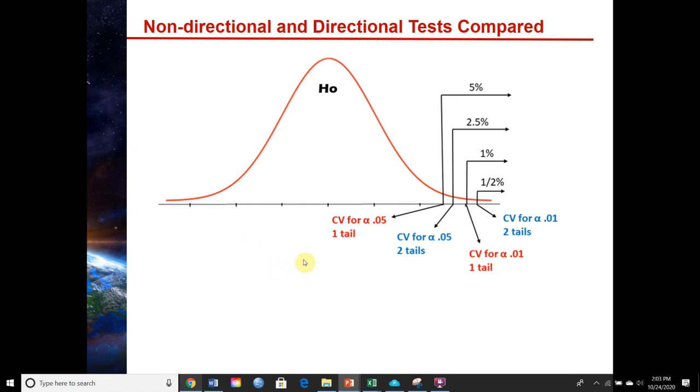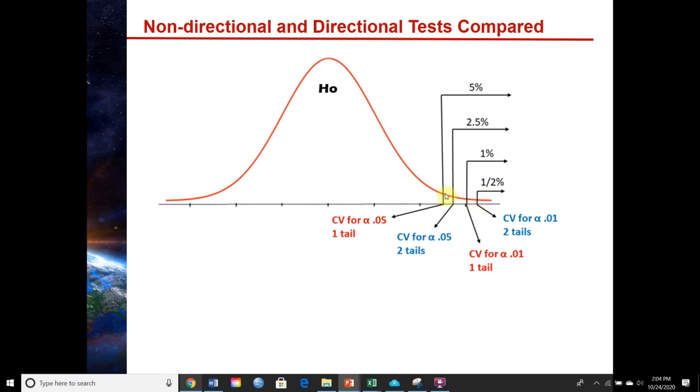All right, so the first thing, let's pretend we want to establish the critical value for alpha 0.05 in one tail. Well, if we're using 0.05 in one tail, instead of splitting the 5% up and saying 2.5 goes to the left and 2.5 goes to the right, we're going to put all 5% in one tail. So we have to imagine what that would look like.